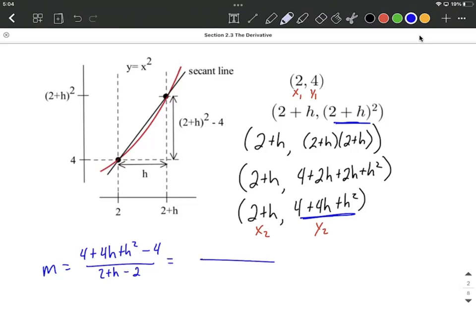Let's further simplify this. We can combine like terms. So we have positive 4 minus 4, so those are going to combine together. And in the denominator we have 2 minus 2, so those can combine together as well. This will result in 4h plus h squared all over h.